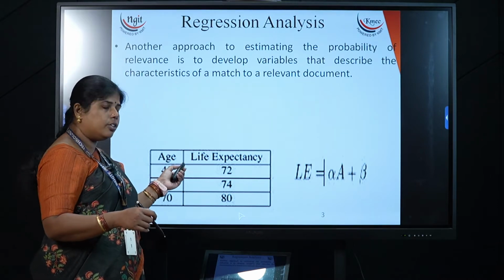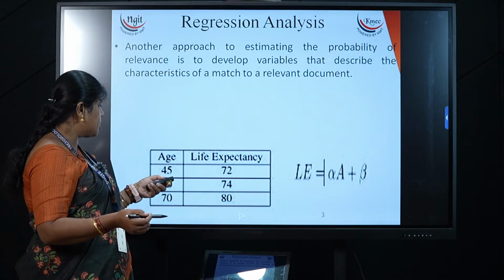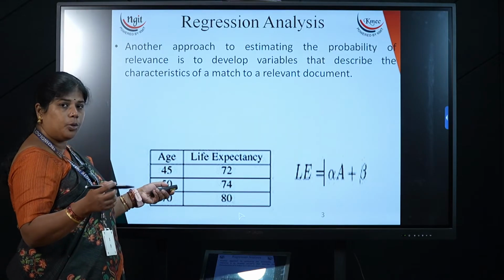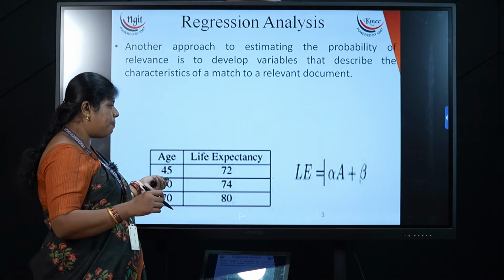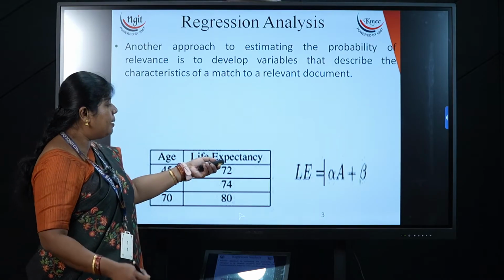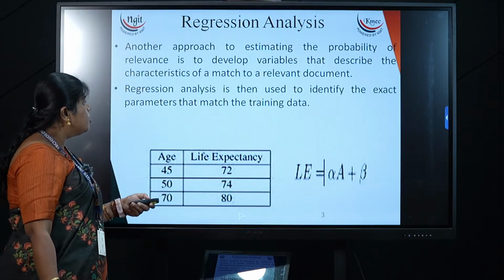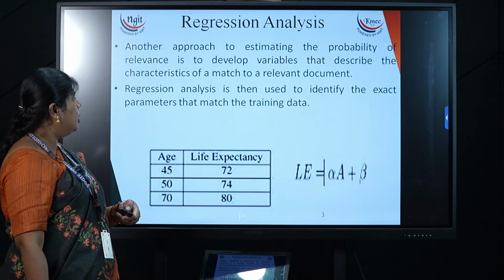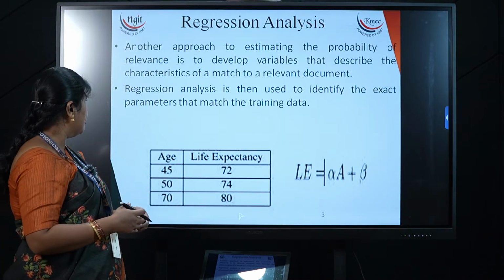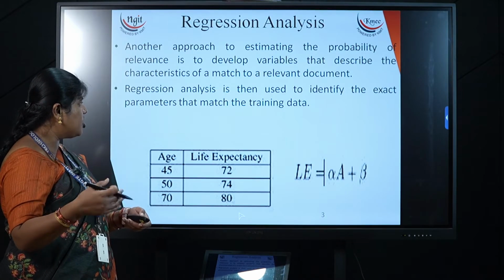Now let us see here the two variables, age and life expectancy. How do I find out how the life expectancy is dependent on age, by using the two constants, that is alpha and beta.